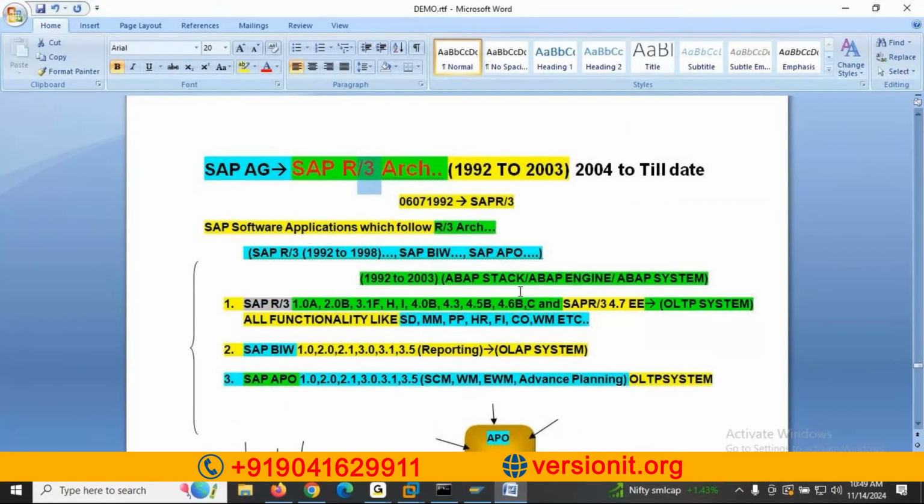In general, it is the primary application.